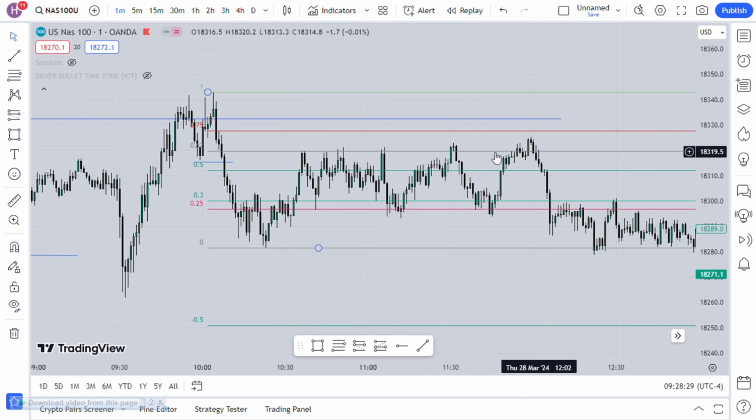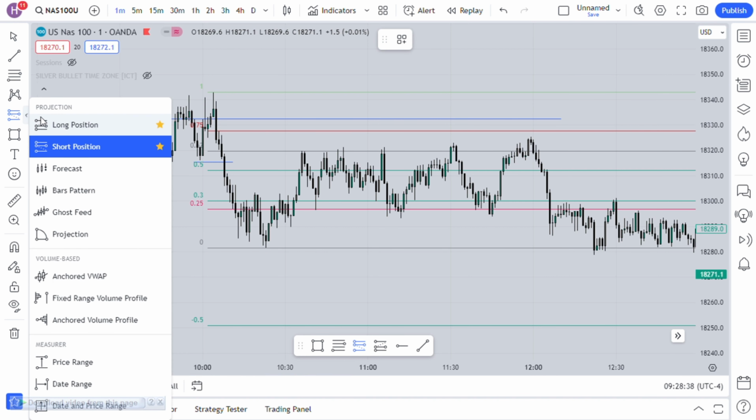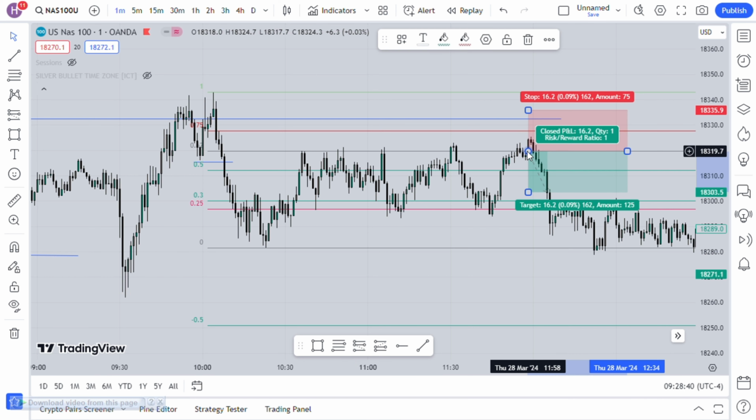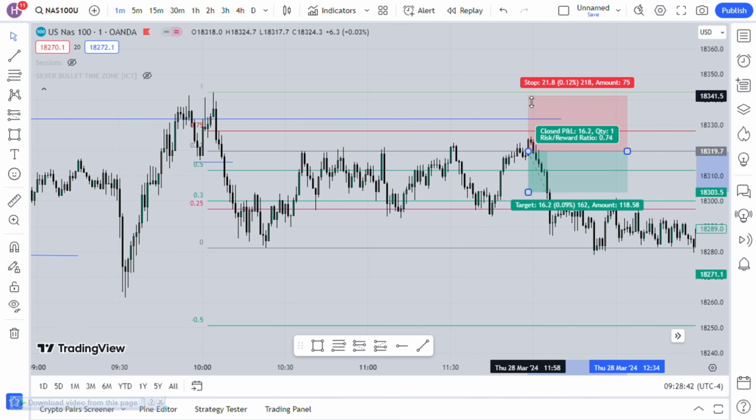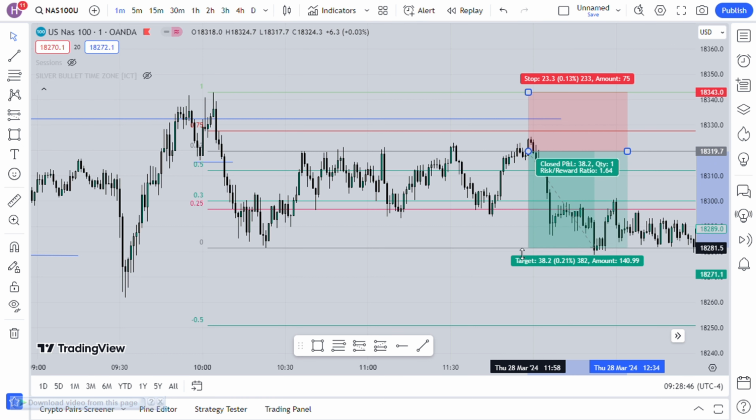The 62% level was met here, putting your short position here, entering with your stop loss on that high. Your first take profit on the zero mark here on this low that we measured the fib with, and your second profit on this low here.